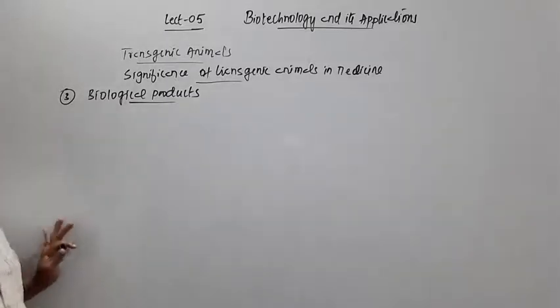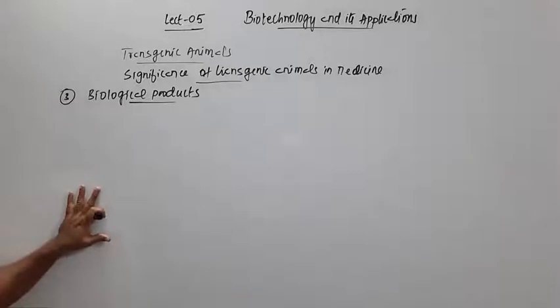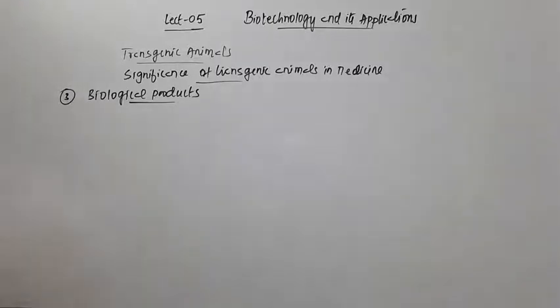These biological products are products obtained from living organisms, and obtaining these products is actually a costly process. So we need to make, in this case, transgenic animals.